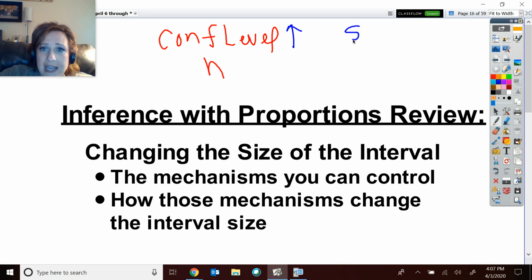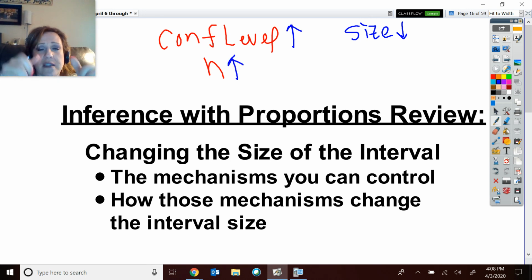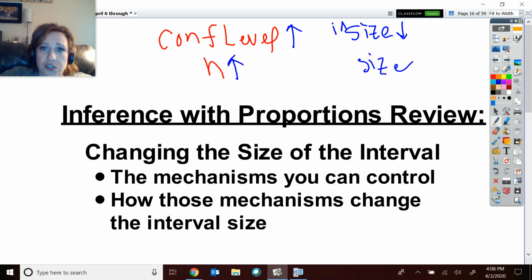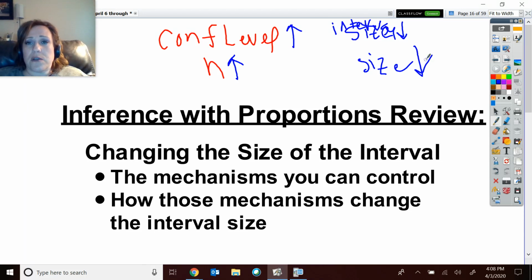Your interval size goes down. Let's say as n goes up, as you're increasing your sample size, what happens to the interval size? It would decrease the standard deviation, so therefore the interval would go down.